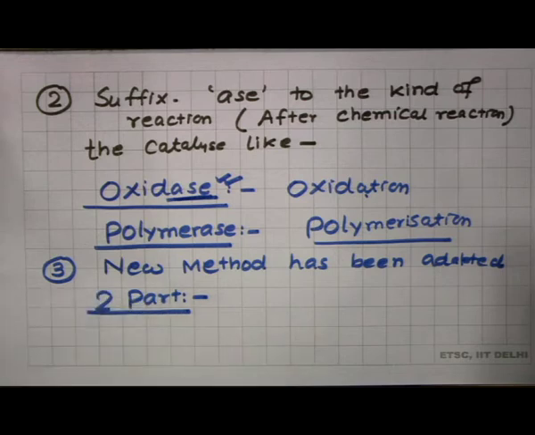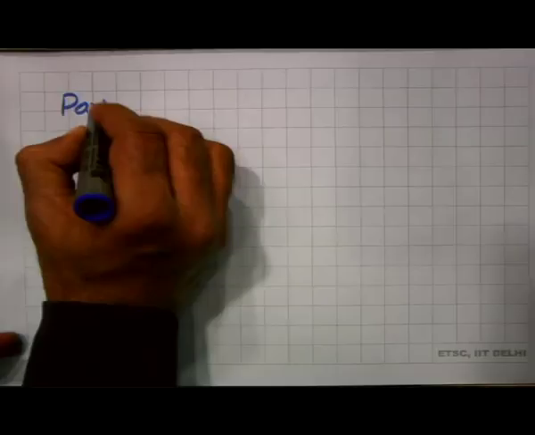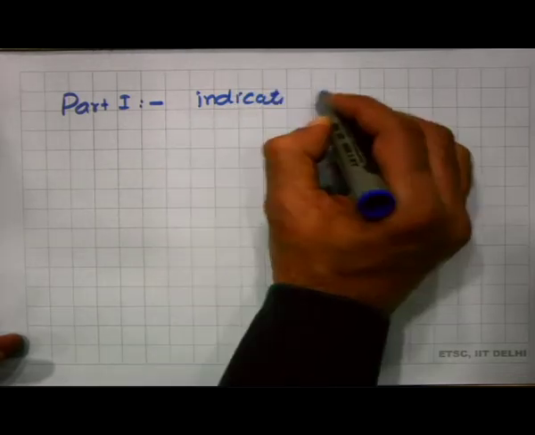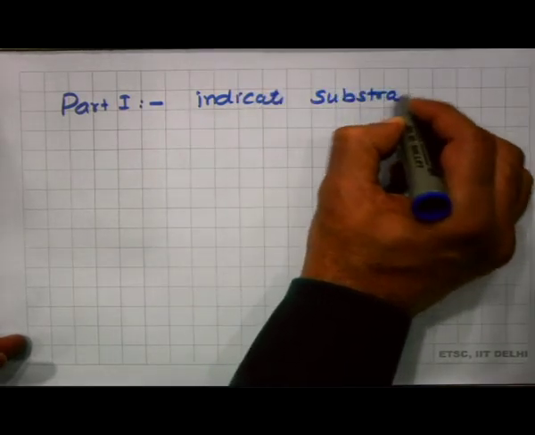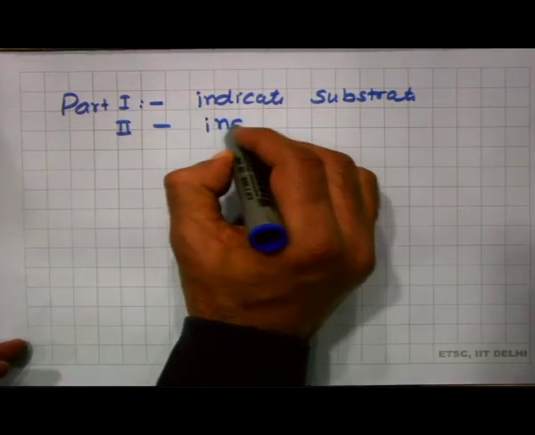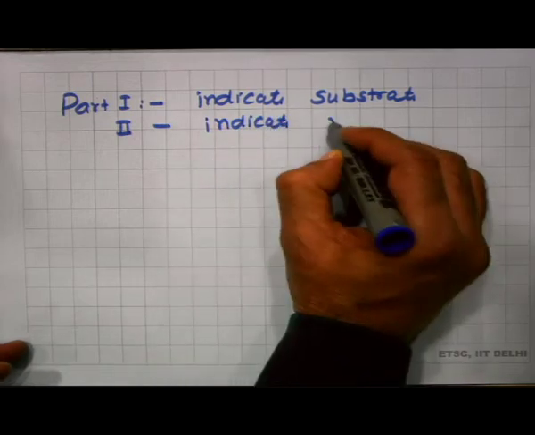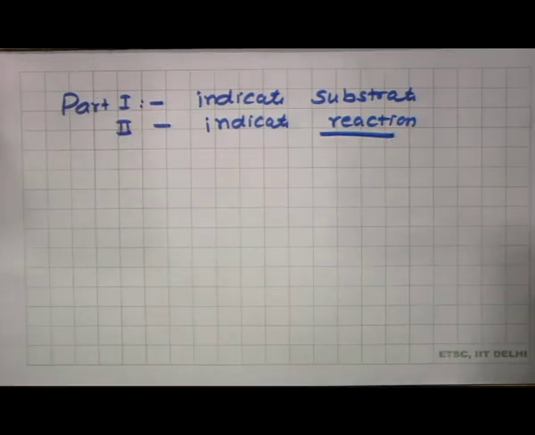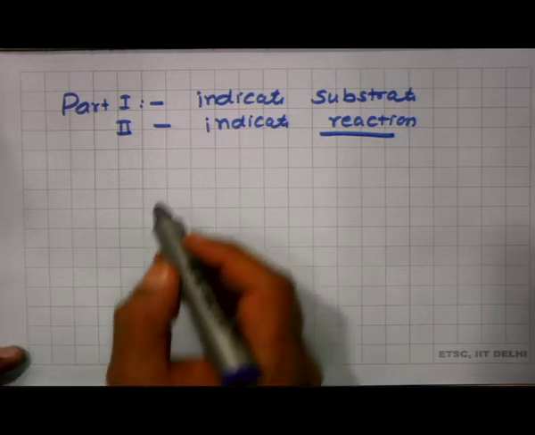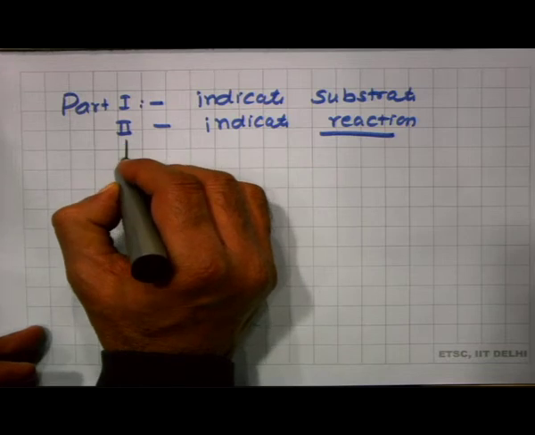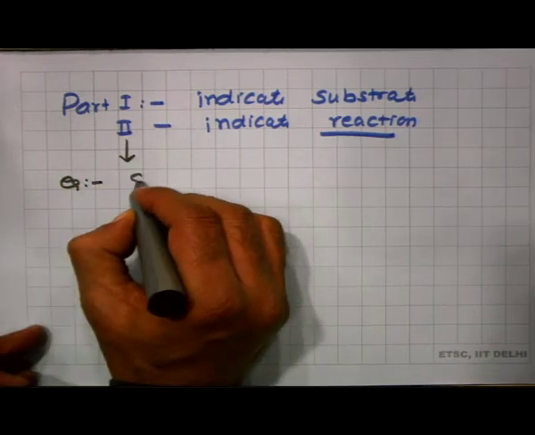These two parts are: the first part indicates the substrate, the second part indicates the reaction. It means when we combine both the first and second parts, then we can name the enzyme. Just for example, succinic dehydrogenase.